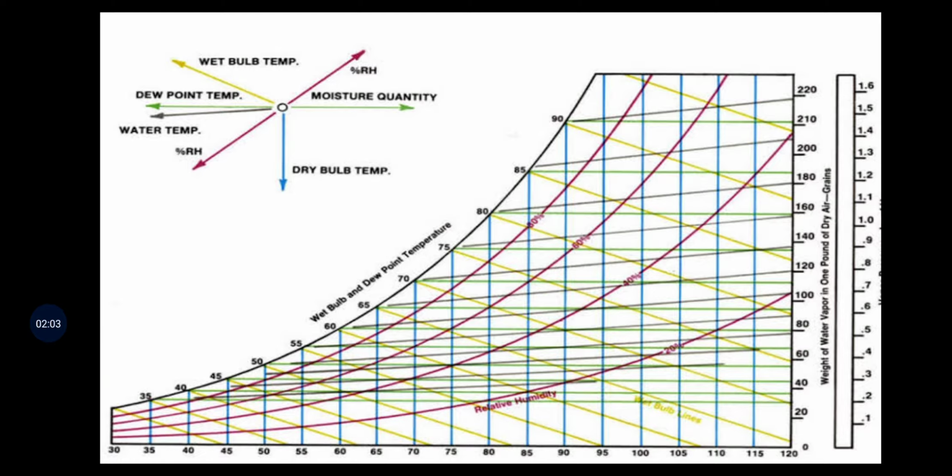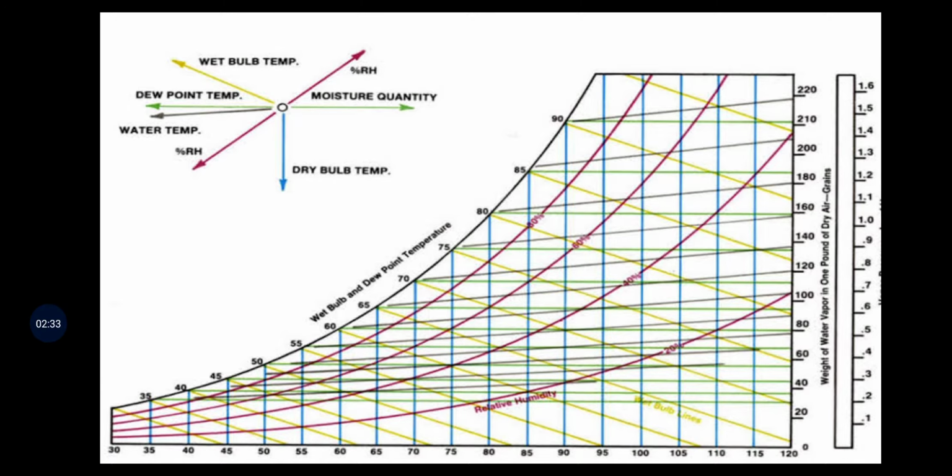In this chart, it is represented by the yellowish inclined line, which starts from the saturation curve and goes towards the weight of water vapor in 1 pound of air and the dry bulb temperature.